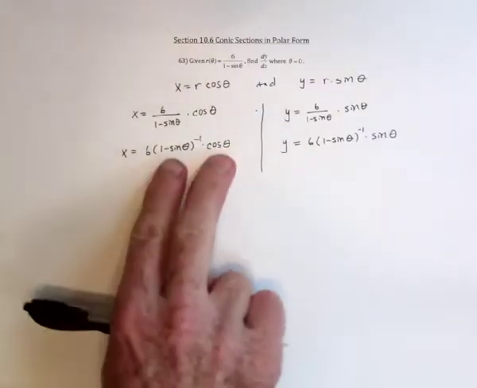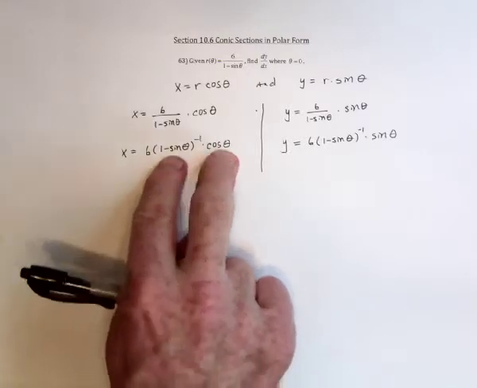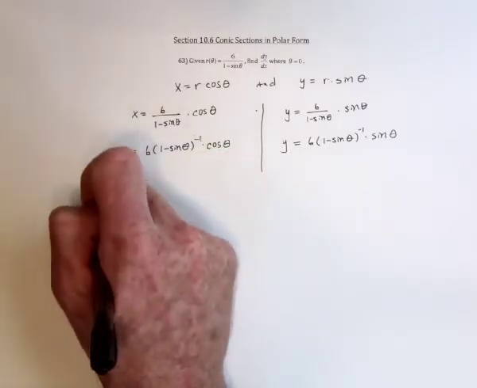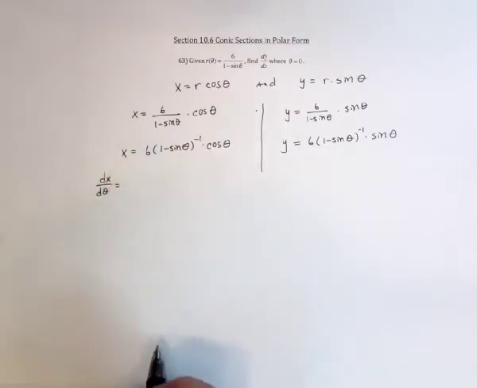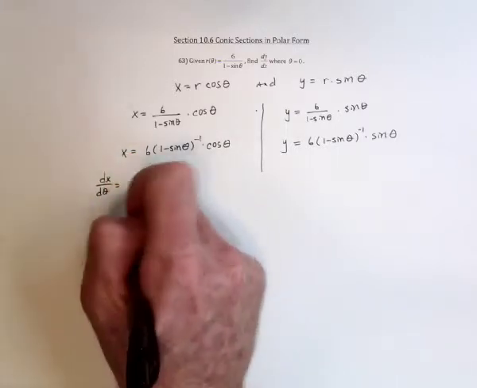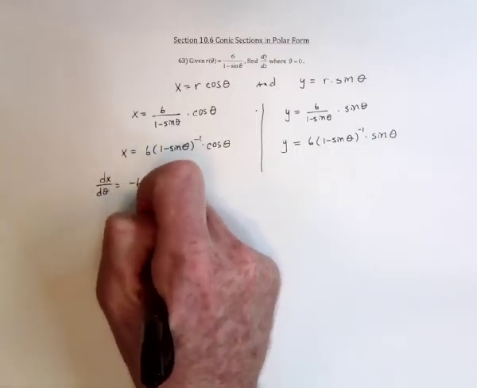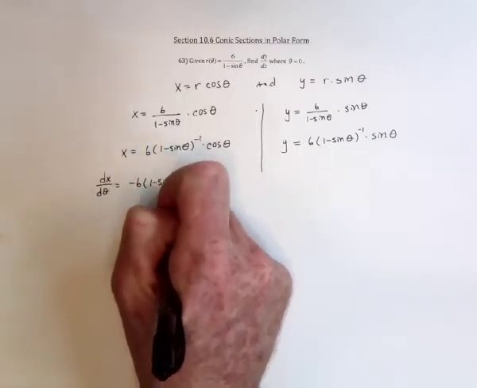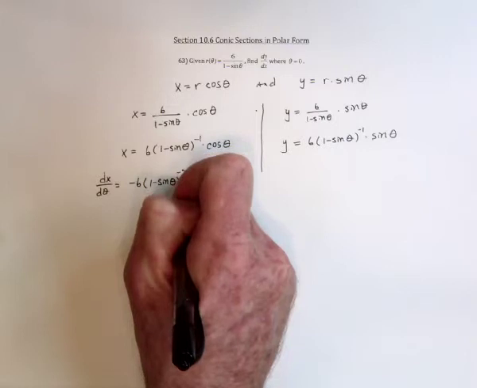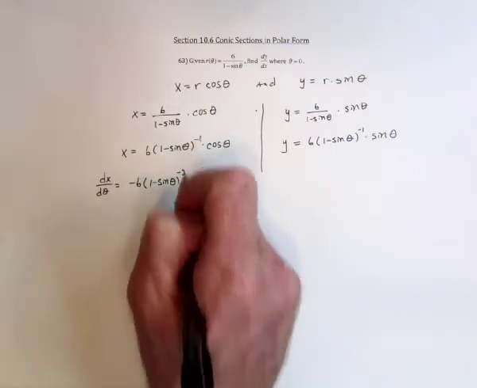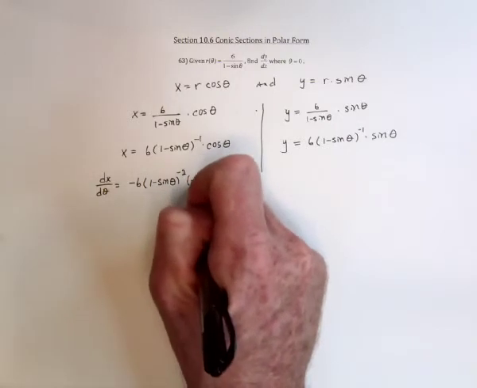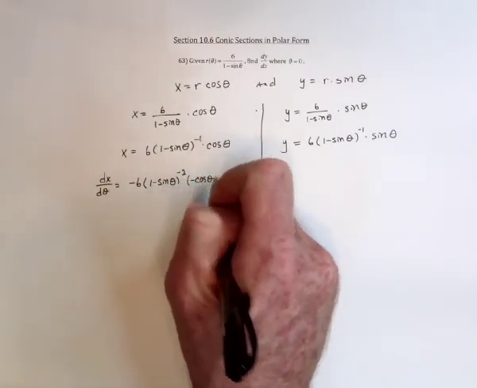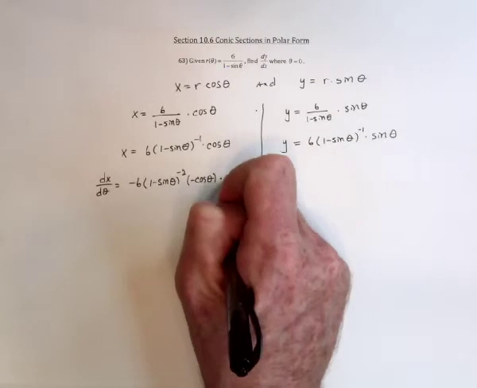So over here, use the product rule. So we would get dx/d theta is equal to, take the derivative of this, it's going to be negative 6, and then 1 minus sine of theta to the negative 2. You then need to take the derivative of the inside, which is going to be negative cosine of theta, and then leave this cosine of theta alone.